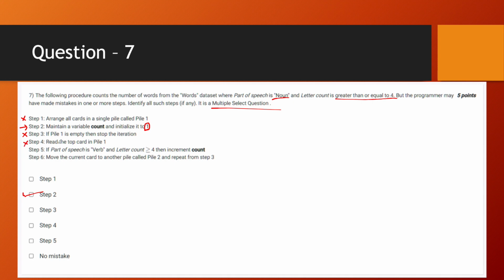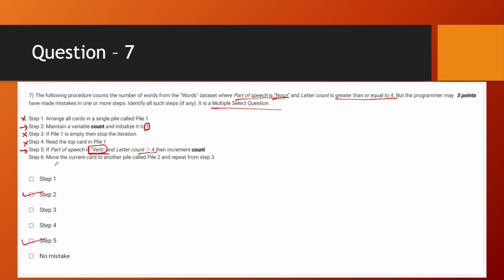Step 5 states that if part of speech is a verb, you've already got an error here, because the part of speech was supposed to be a noun, but here it's a verb. Even though the letter count is right, greater than or equal to 4, we already have one major error in this line, so this step is erroneous.